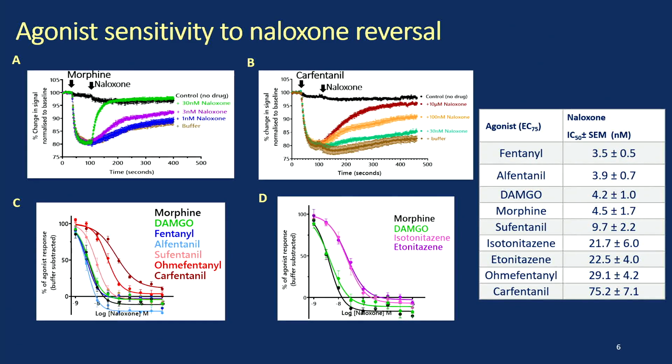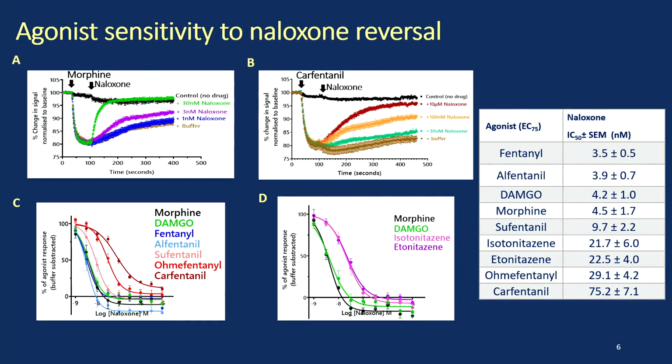As you can see, as we increase the concentration, we see increased reversal. In contrast, with carfentanil, we required higher concentrations of naloxone for reversal. It's obvious here if you look at the green trace. 30 nanomolar naloxone completely reversed morphine, while 30 nanomolar barely did anything with carfentanil.